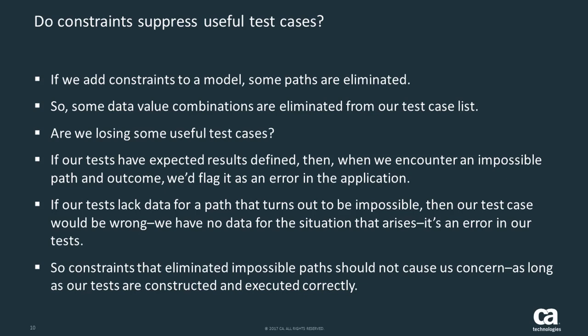We have no data, so it's an error in our tests, not necessarily in the application. Of course, there might be a bug in the application too, but what first comes up to the tester is that they don't have data to proceed with the test. It's an error in the test itself. So I think constraints that eliminate impossible paths shouldn't cause us too much concern as long as our tests are constructed and executed correctly.